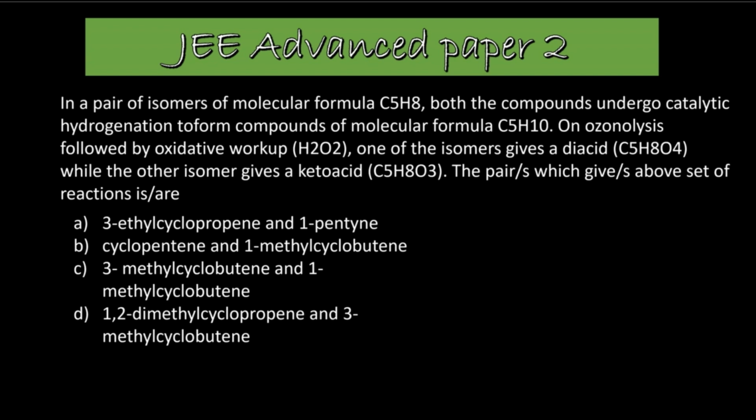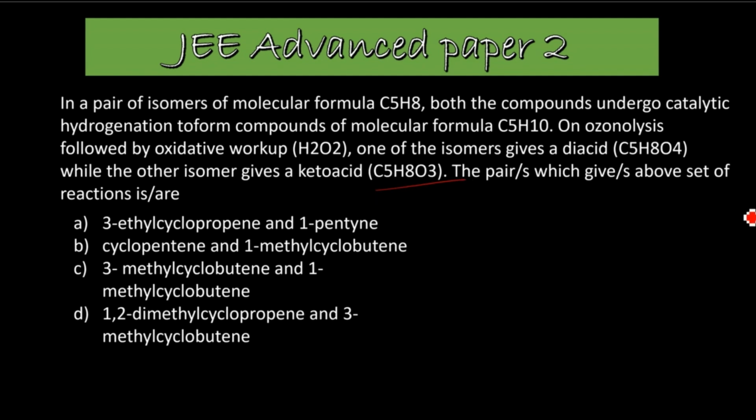Then in a pair of isomers of molecular formula C5H8, both the compounds undergo catalytic hydrogenation to form a compound of molecular formula C5H10. On ozonolysis followed by oxidative workup, one of those isomers gives diacid C5H8O4, while the other isomer gives keto acid C5H8O3.